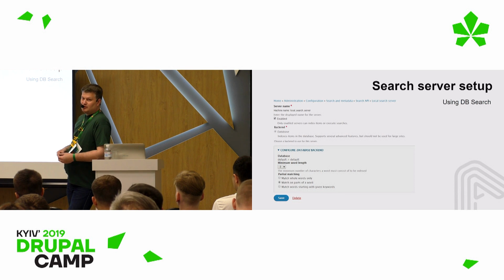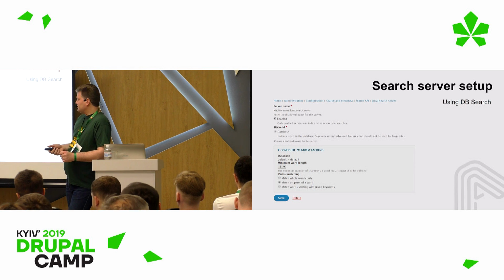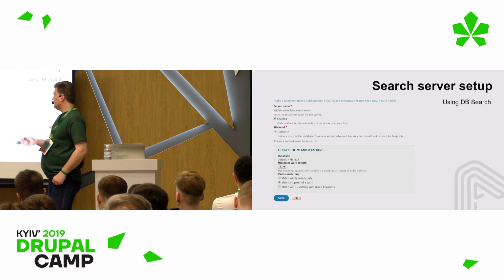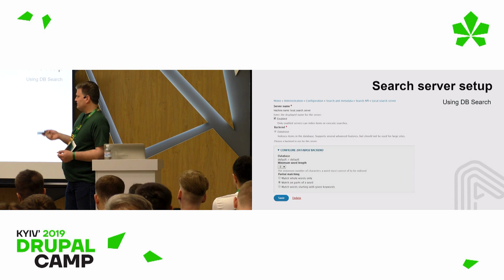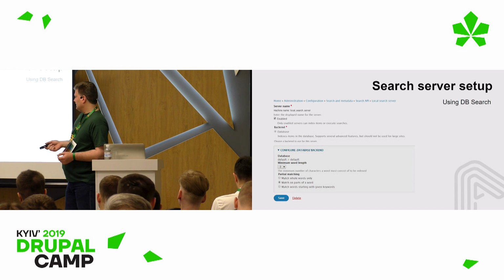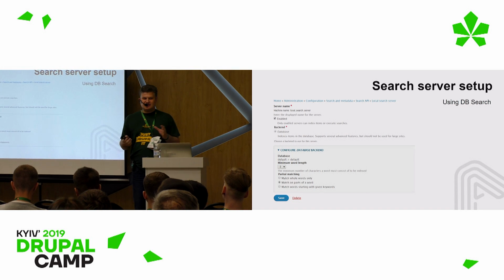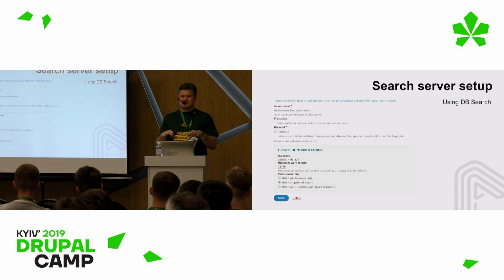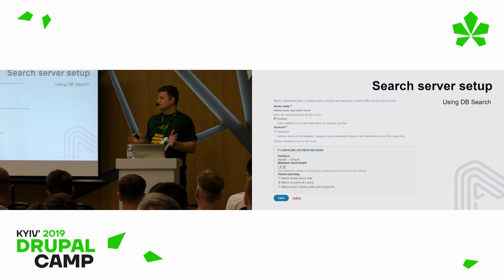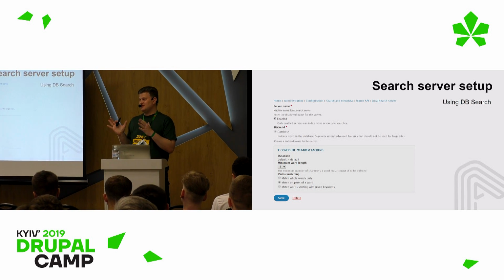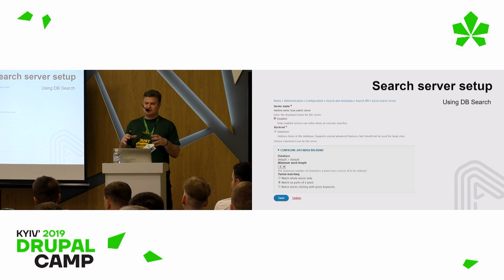In our case, it's only one, the database search server. And we have just a few options for configuration. In this case, it's the minimum word length for full text search and an ability of partial search, and that's all. So as you see, it's not too scary when you start to explore it, and it's really a simple task for manual configuration.